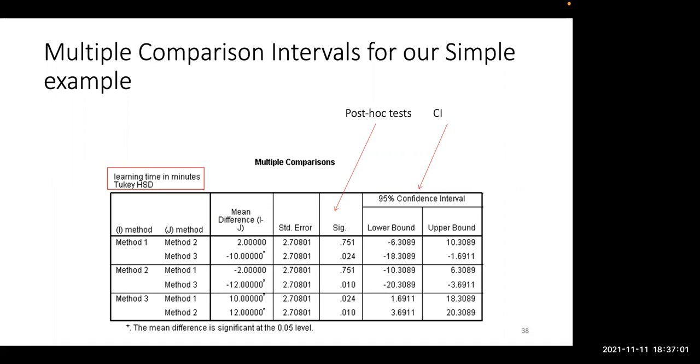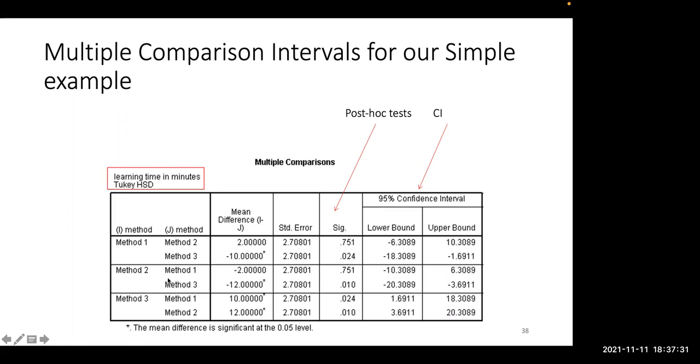Under the null hypothesis, the resultant difference is 0, right? So if the 95% confidence interval of one comparison of two groups does not include the 0, you will see a significant difference. And this is to be interpreted as a significant difference between method 1 and method 3.